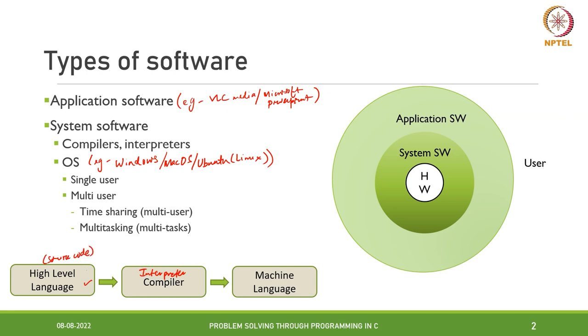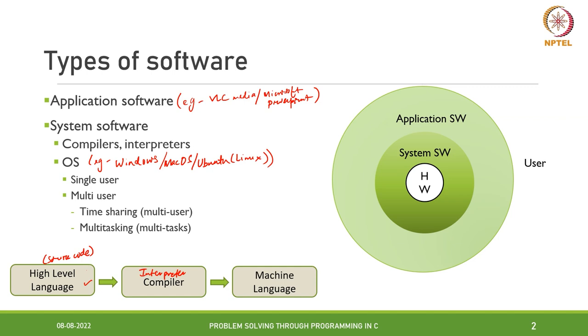When we are writing code in C++ or any of the modern languages, it is in a high level language, and it is source code, and that gets converted using an interpreter or a compiler to the machine level language, which is directly understandable by the machine, right?